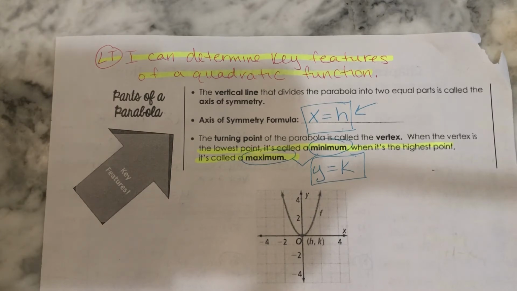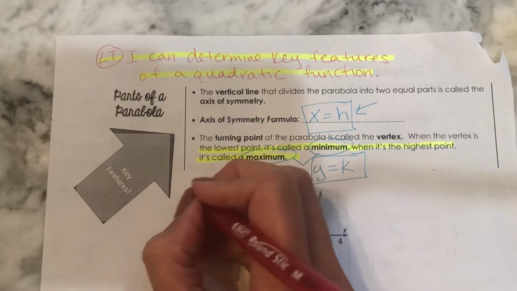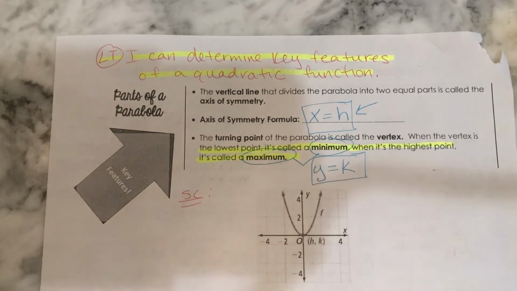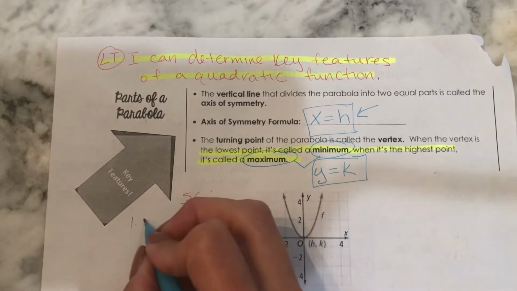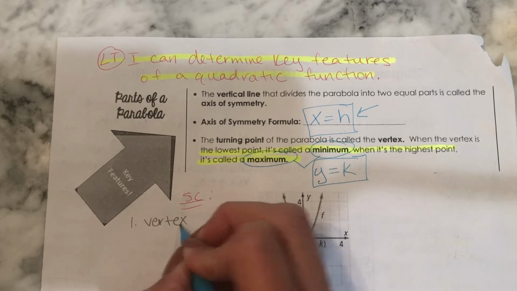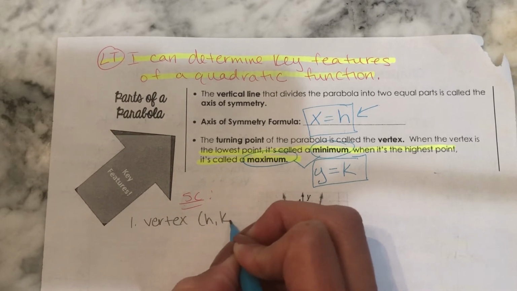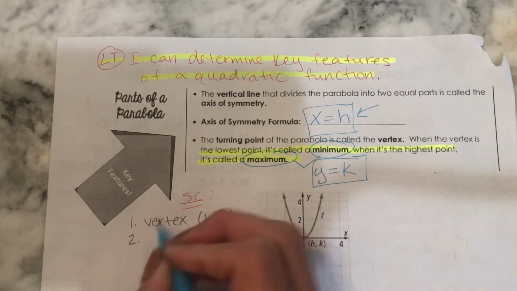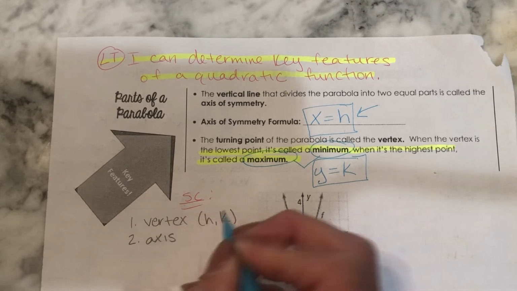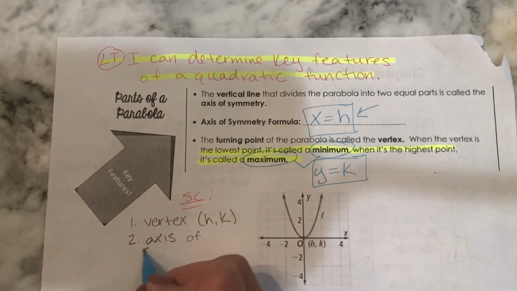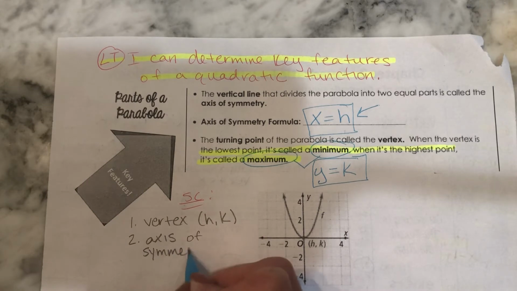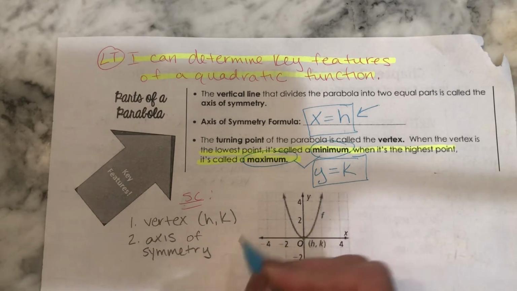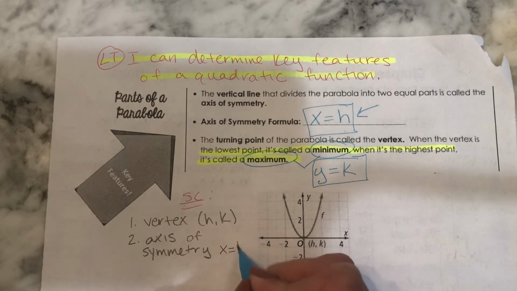All right. So what's our success criteria here? What are these key features that we need to know how to find? Well, first you need to know the vertex, and that's your (h, k). And then you need to know the axis of symmetry, and that's your x equals h.